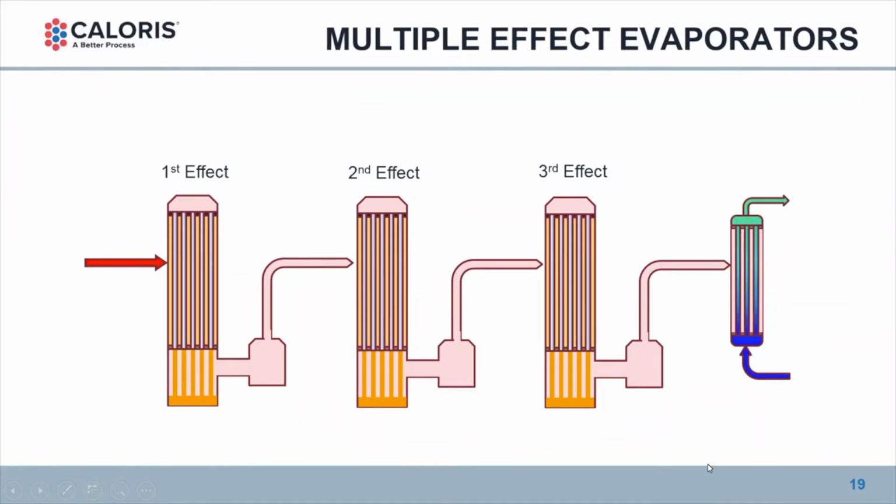If we know we have a feed with non-condensable gases that we have to degas, a common technique is to bring that feed in to effect 3. Allow that feed to degas and let those non-condensable gases exit through the third effect vapor separator straight to the surface condenser. And that's a common technique in multiple effect evaporators.